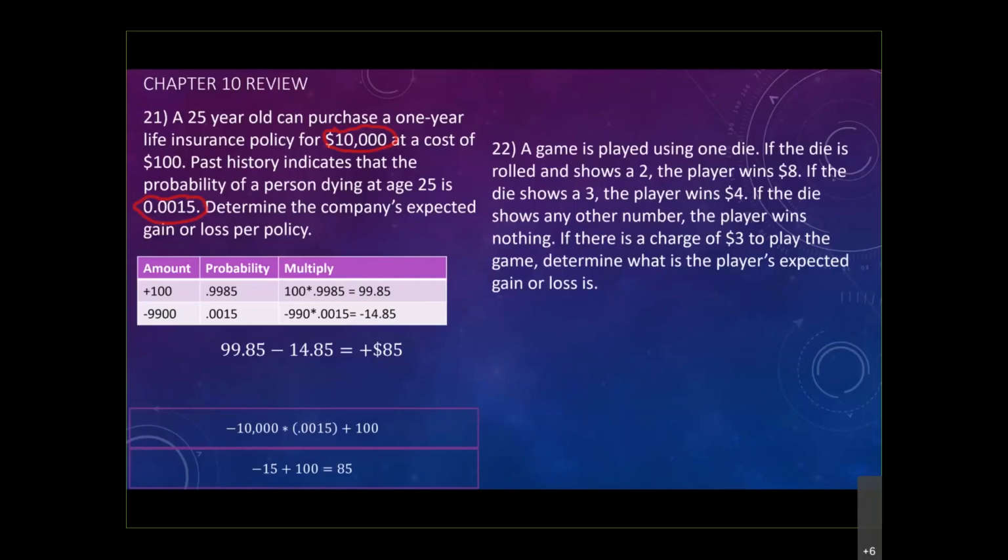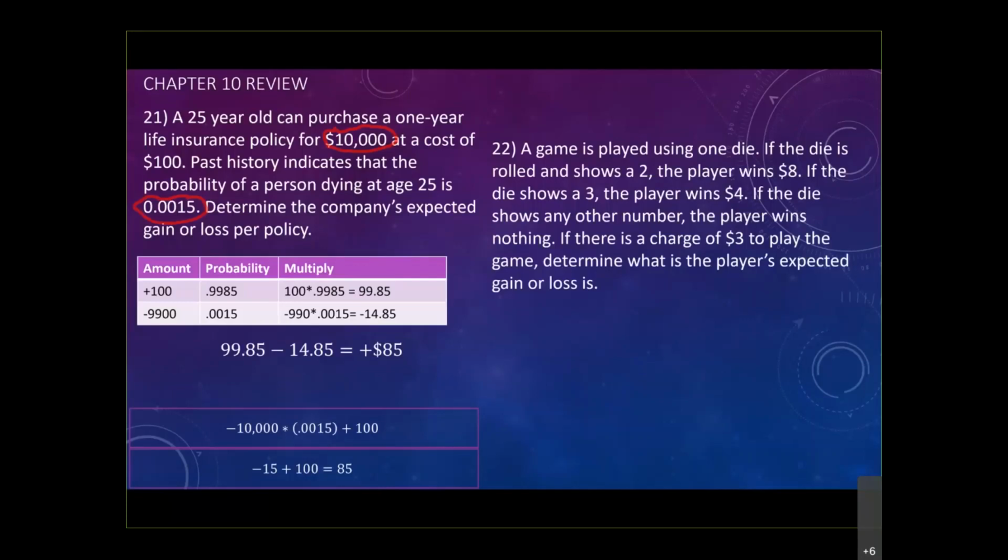If the dice is rolled and shows number 3, the player will win $8. If the dice shows a number 3, the player will win $4. If the dice shows any other number, the player will win nothing. If there is a $3 charge to play, determine the player's expected win and expected loss.